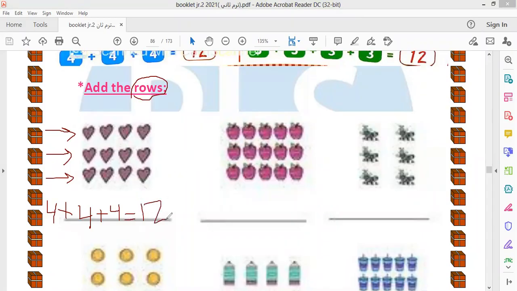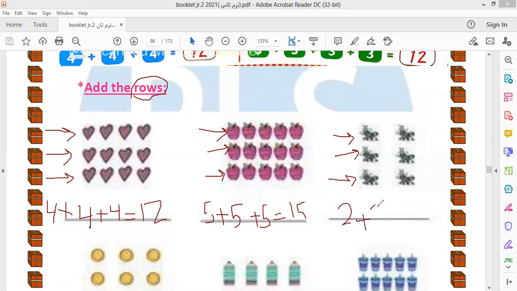Excellent. And here we have 3 rows and each row have 5 apples. So we write 5 plus 5 plus 5 equals 15. And here we have 3 rows and each row have 2. So we write 2 plus 2 plus 2 equals 6.